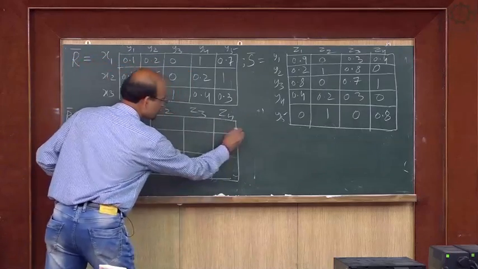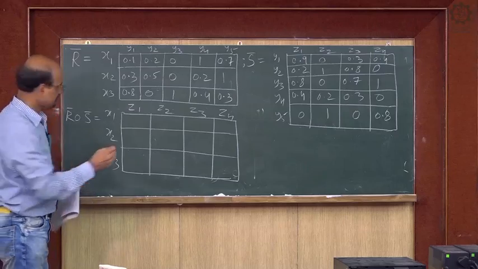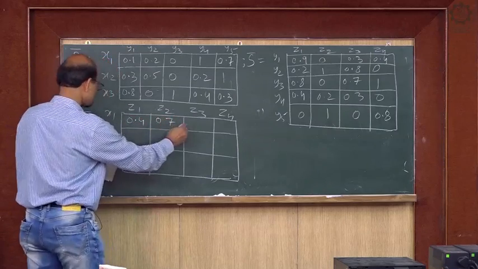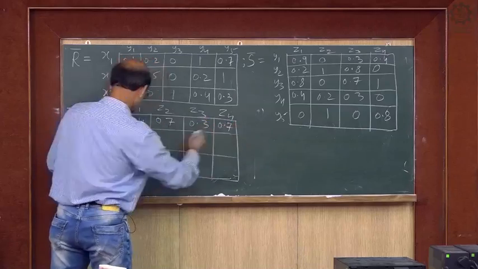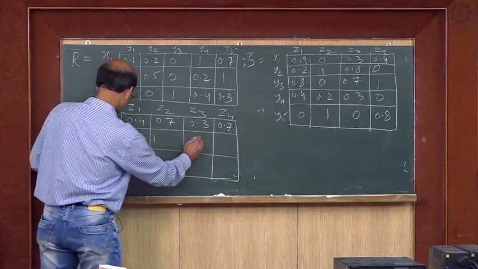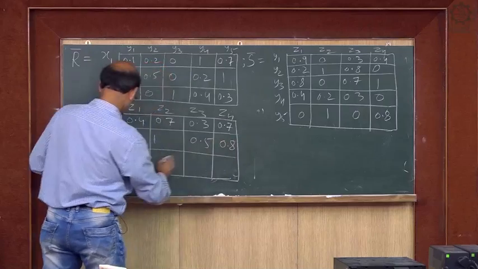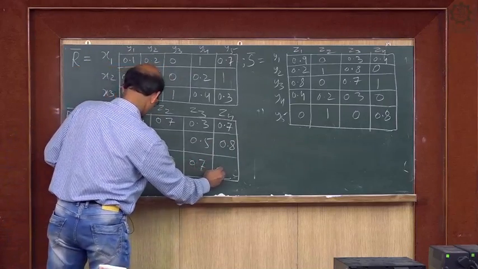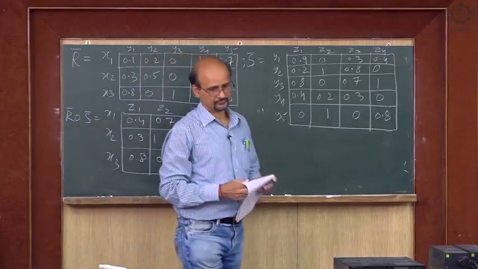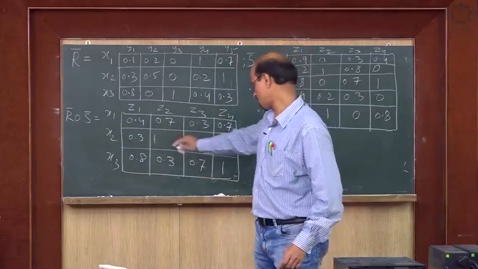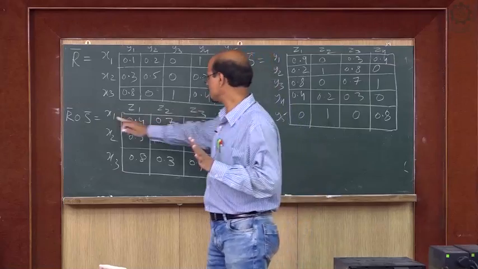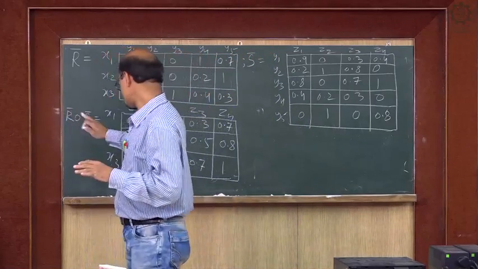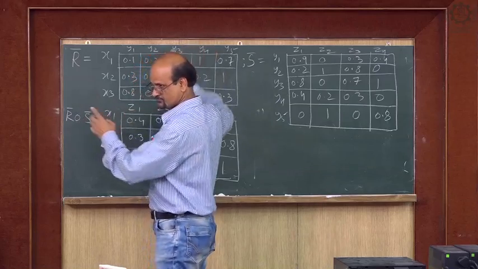So first one we got 0.4. Next, I hope you will get 0.7, check this, 0.3, 0.7, 0.3, 1, 0.5, 0.8, 0.8, 0.3, 0.7, 1. After doing for all these rows, you will get this. This is your composition from R to S, means from X to Z.